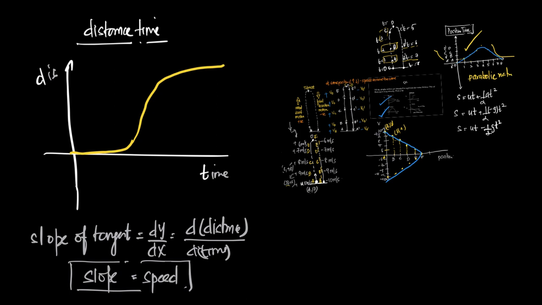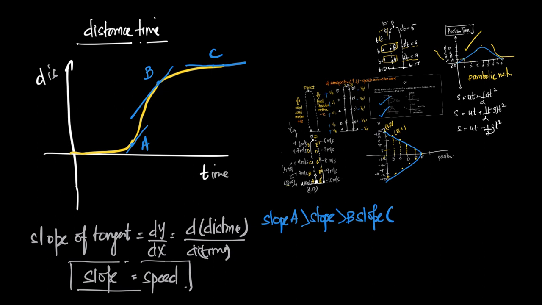Let us try to understand the graph. See, if you draw a tangent here, it will go like this, right? If you draw a tangent here, it comes like this. If you draw a tangent here, it goes like this. So let me call these points point A, point B, and point C. I can write from the graph that slope at A is greater than slope at B, which is greater than slope at C. Direct inference from the graph, right?